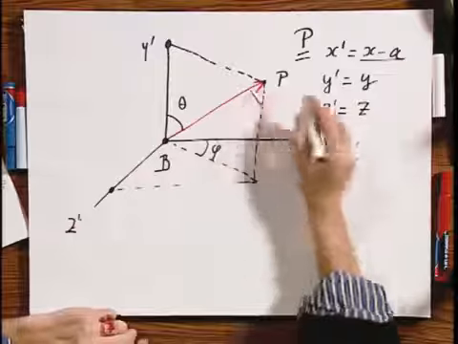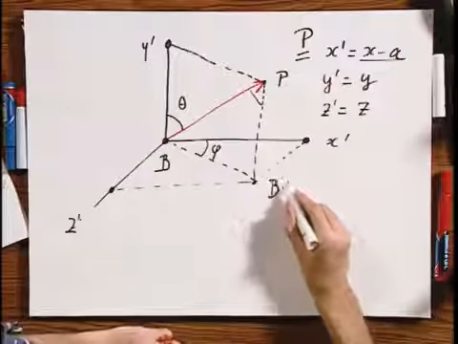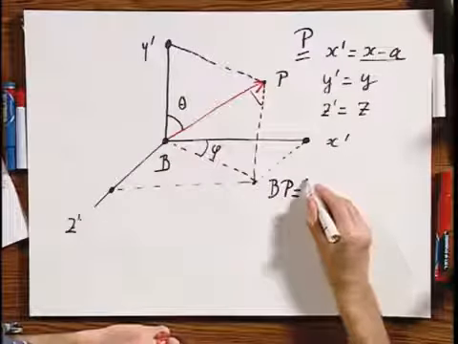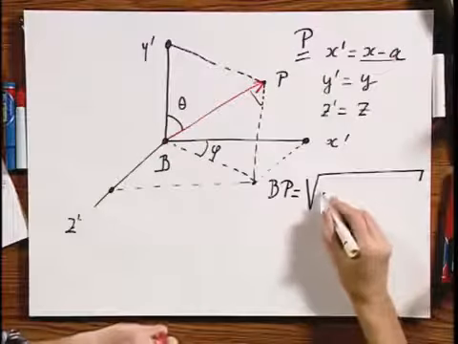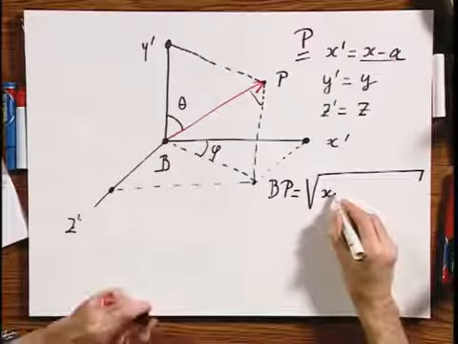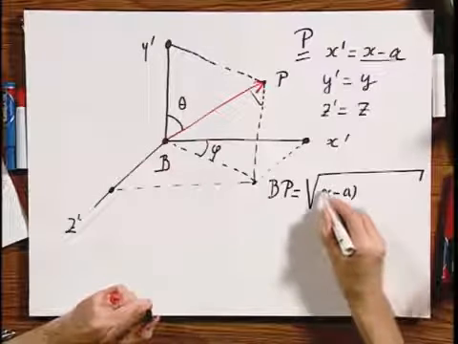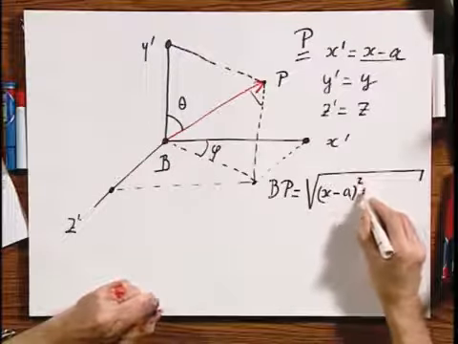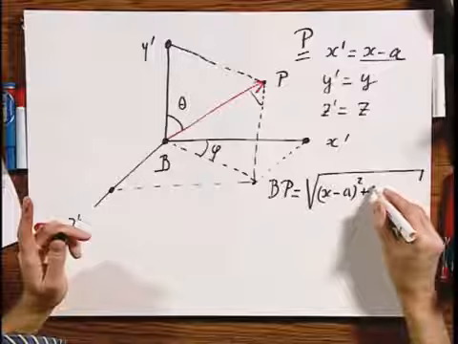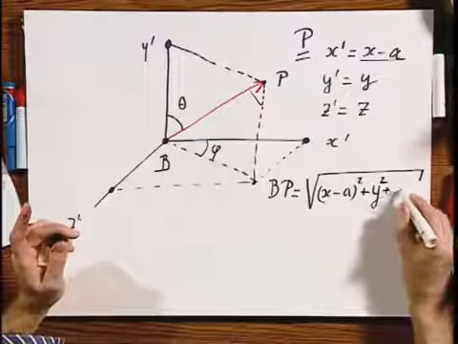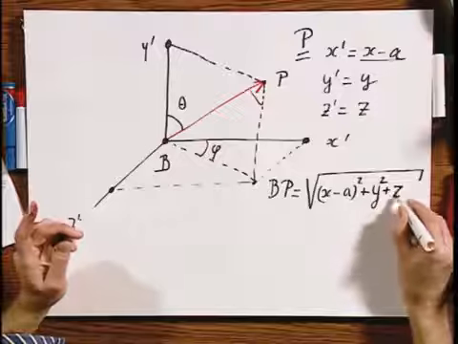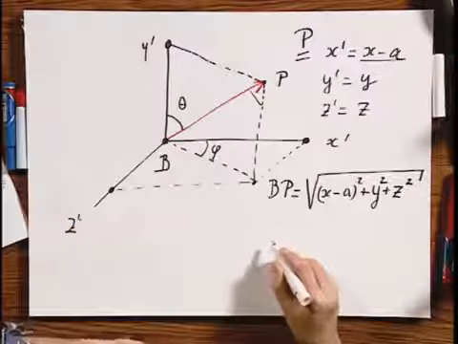What is the distance BP? Well, BP is the square root now of x prime squared, for which I can write down x minus a squared, plus y prime squared, but I might as well write down y squared, plus z prime squared, for which I might as well write z squared.